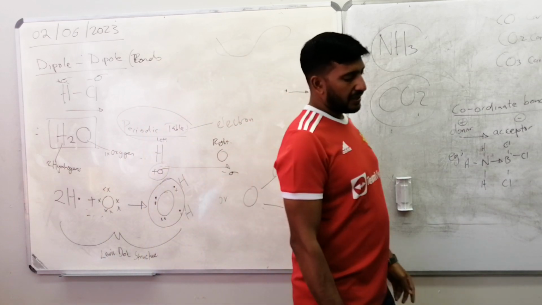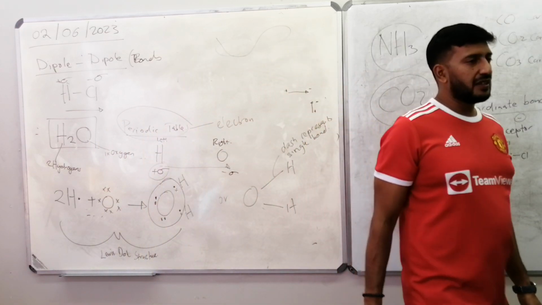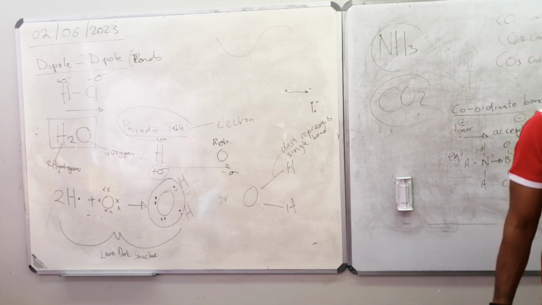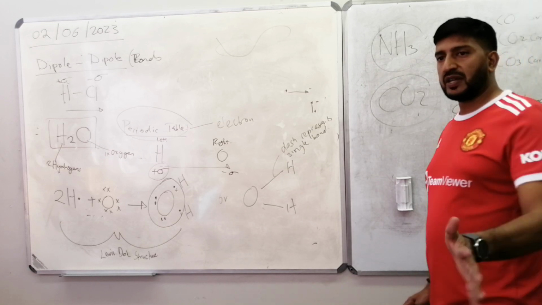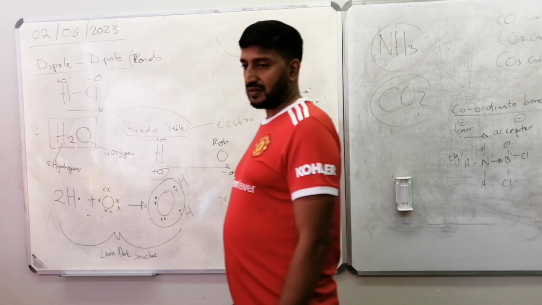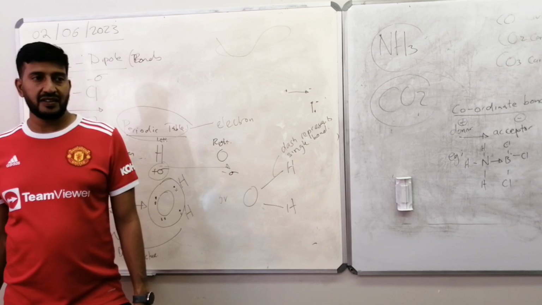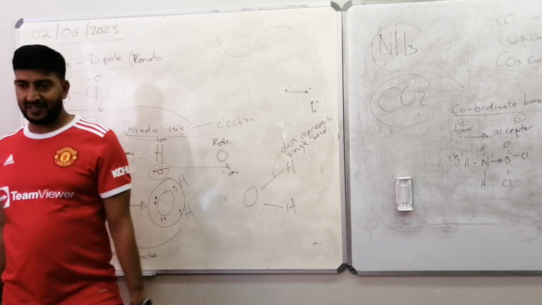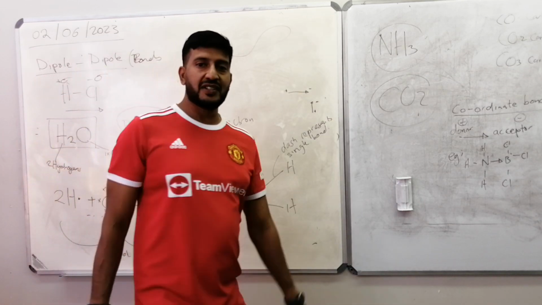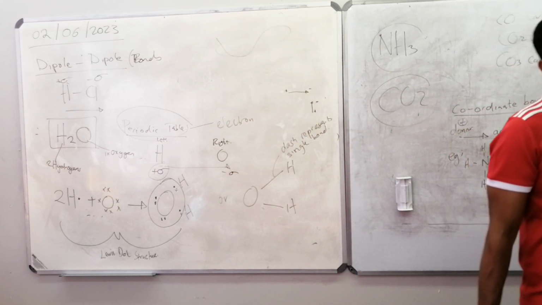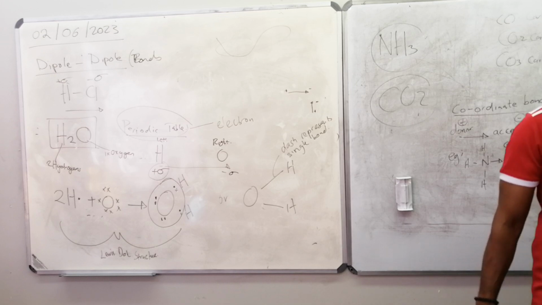What's a thing you'll use for baking? Baking soda. Bicarb, bicarbonate soda. So that's the common name, but what is the compound of bicarbonate soda? That's your homework. Give me the compound for bicarb.